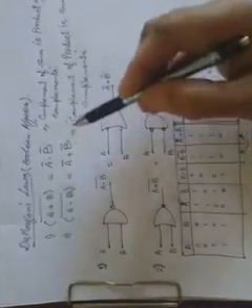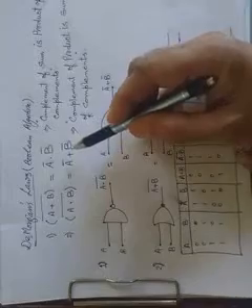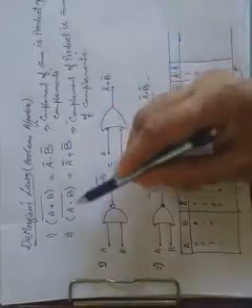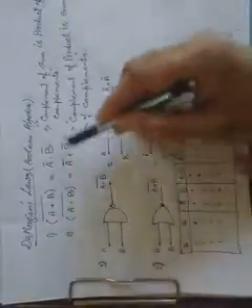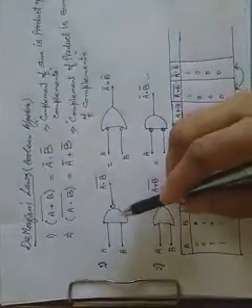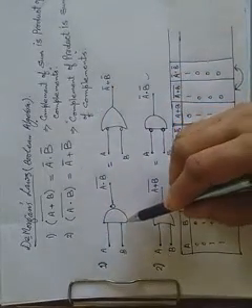Clear? So in logic gate symbol representation, this De Morgan's theorem or law can be represented as over here.